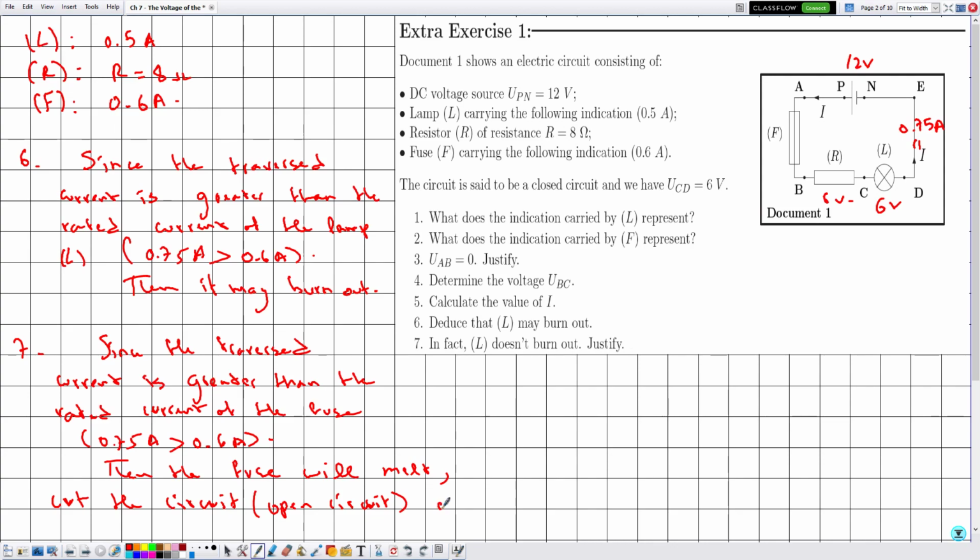And protect other electric components, and this is given by the lamp, and protect the lamp L.